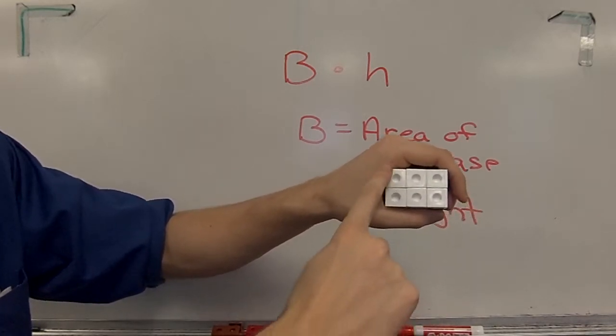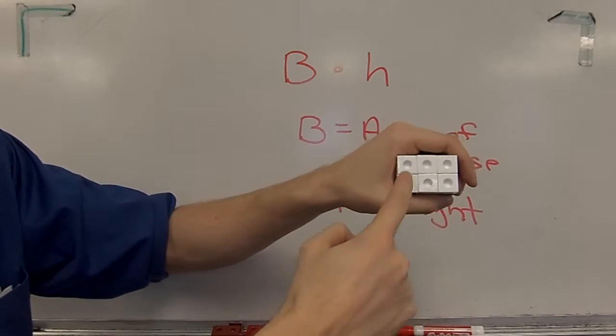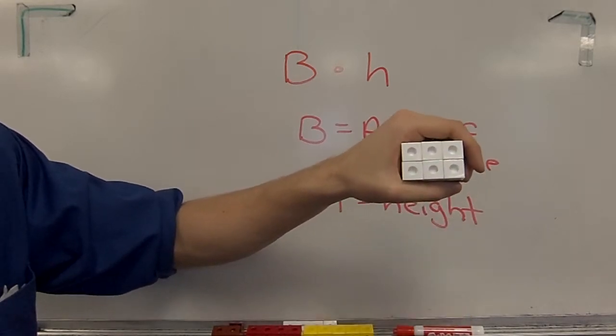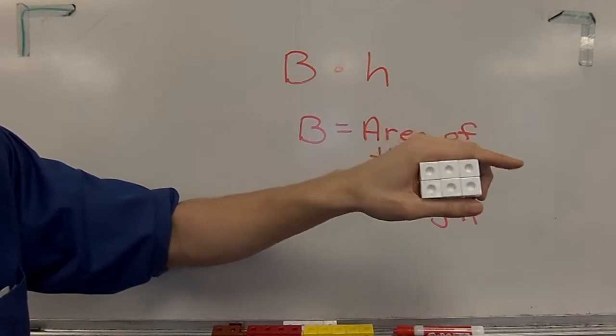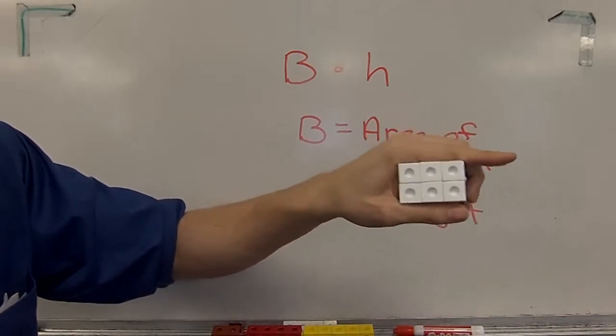Or if you do the math, 2 times 3 will get you those 6 1 by 1 inch squares. So the area of my base is 6 inches squared.